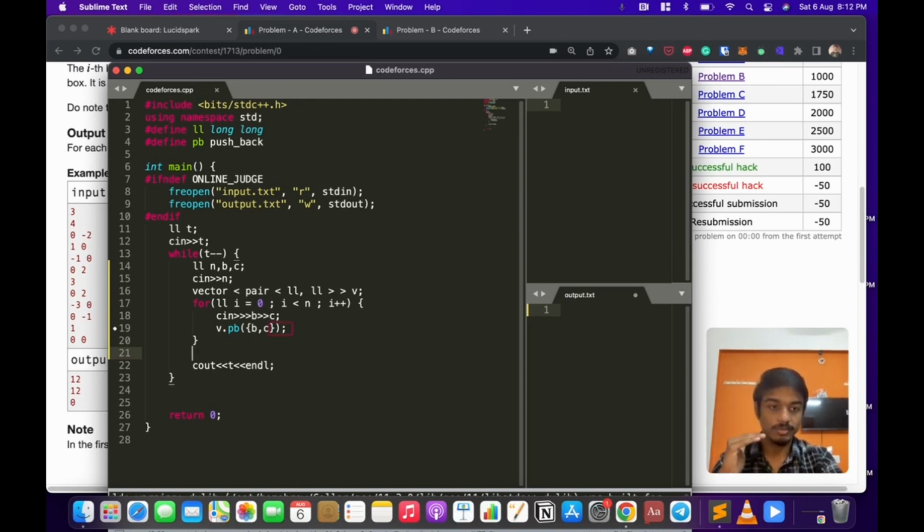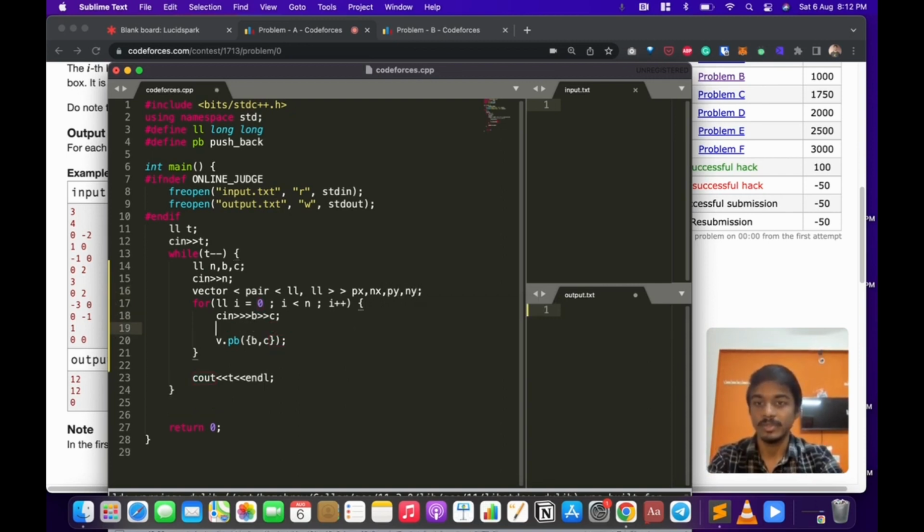Now, if B is positive, can I take four different arrays based on that? It is possible. So let's say this is positive x, this is negative x, this is positive y, and this is negative y. If B is greater than 0, what we do is, that is the first number is positive, right?